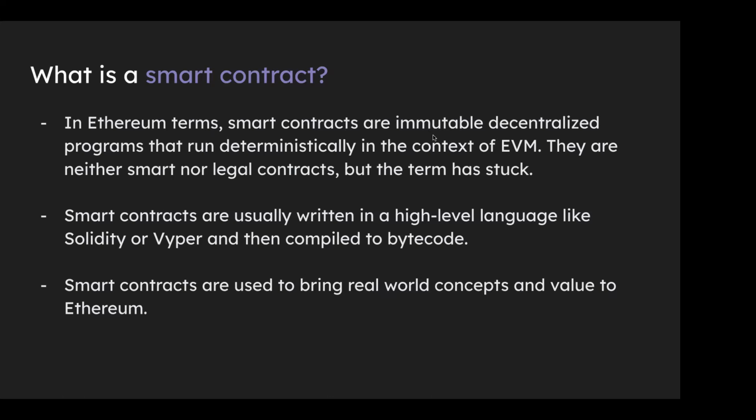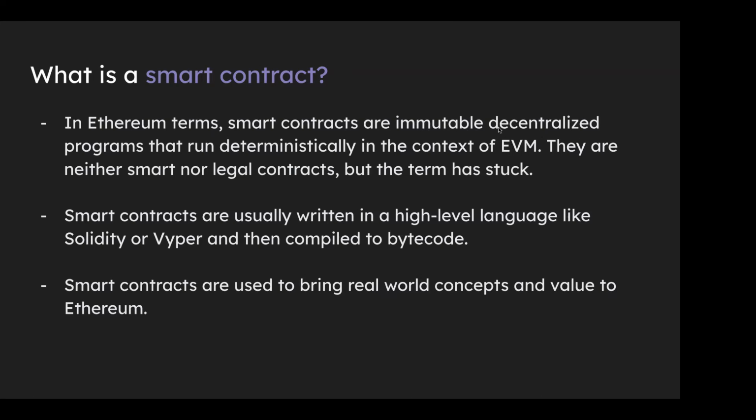So smart contract behavior may change because users will interact with it and it has to react to the transactions, but the actual program that the smart contract represents is immutable.